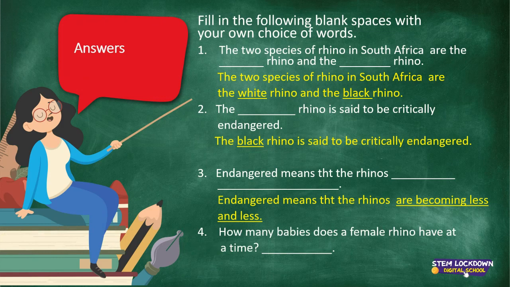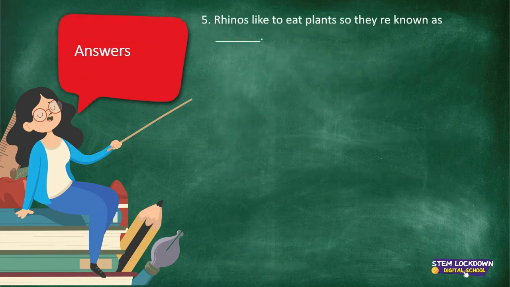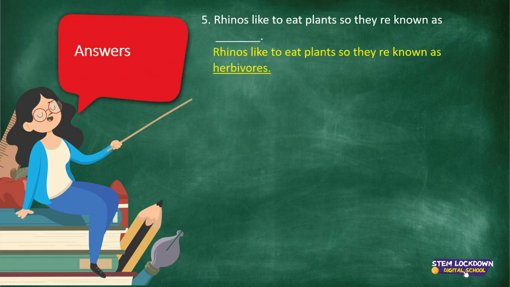Number 4, how many babies does a female rhino have at a time? She usually has 1 baby. Right, how did you do on that? On the first 4, did you get all those correct? Good. Let's go on. Rhinos like to eat plants, so they're known as herbivores.